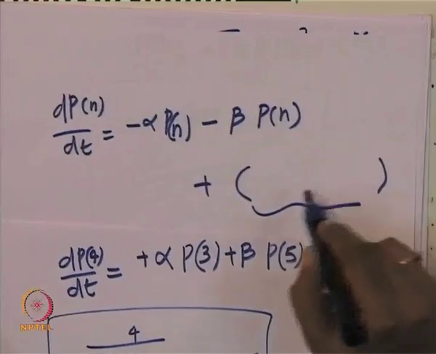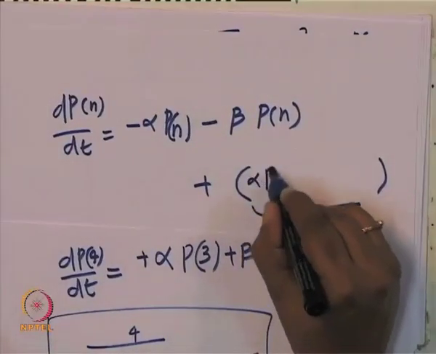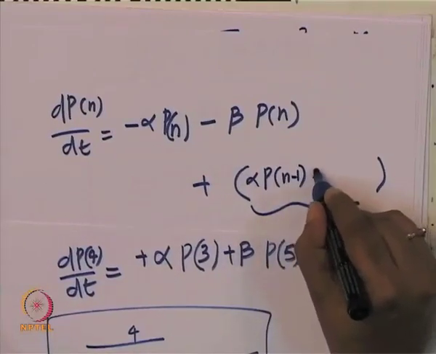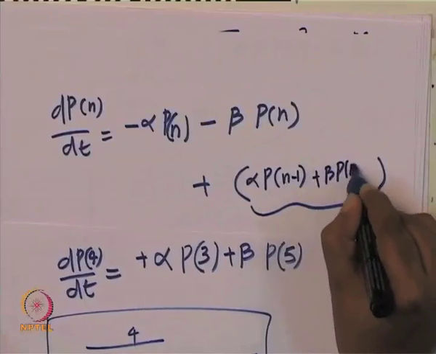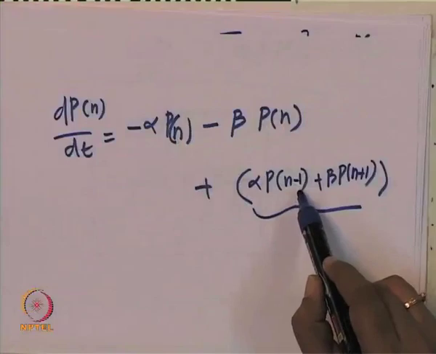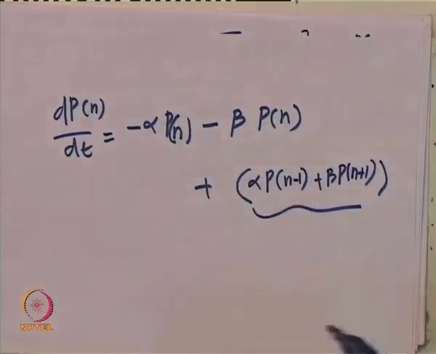So, whatever here is alpha into P n minus 1 plus beta into P n plus 1. So, these are the only things that can happen. It can happen polymerization from n minus 1. Let me write this a little more neatly.